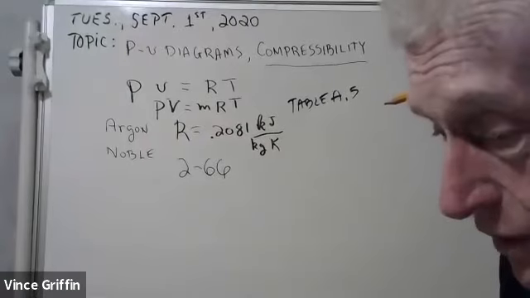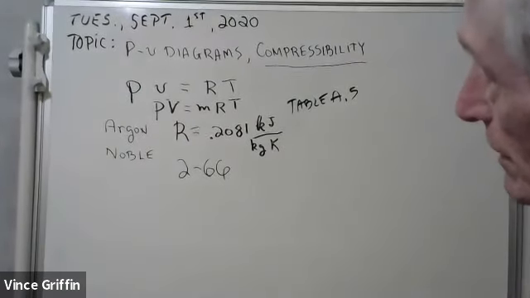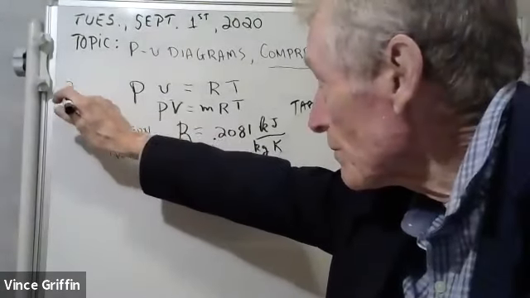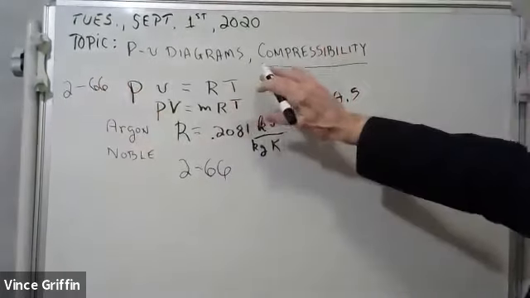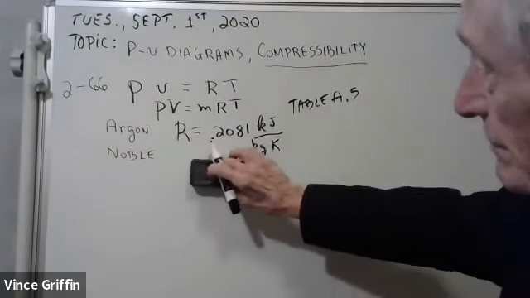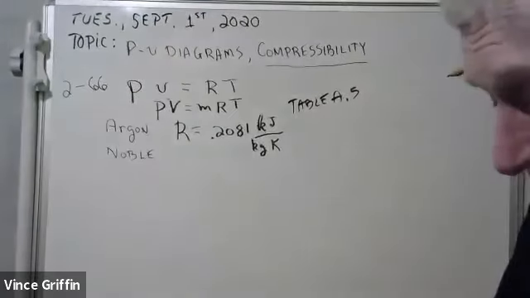Well, why don't we do both of them? That'd be fun. Let's do both. Okay, here goes. We're doing problem 266 in the book. And we're going to have to show you about compressibility here in a minute. All right, well, let's do this first one.